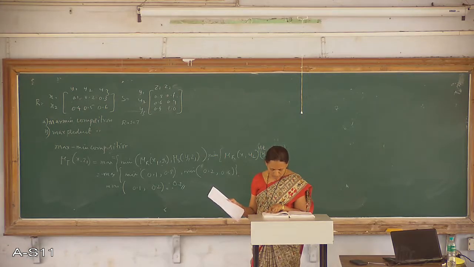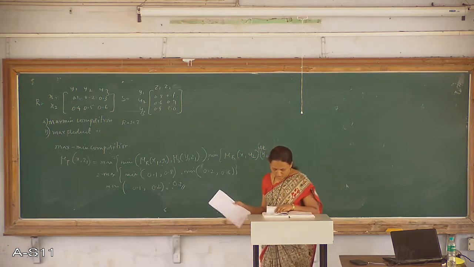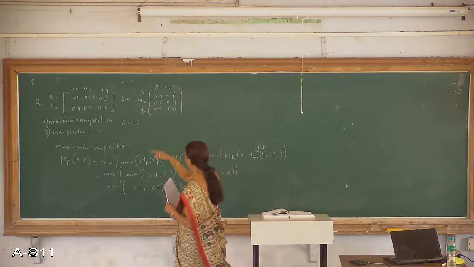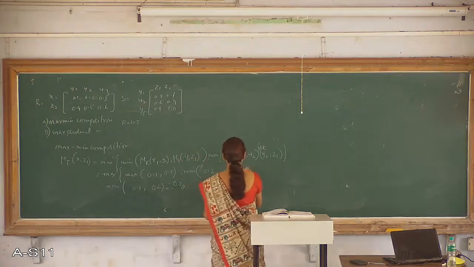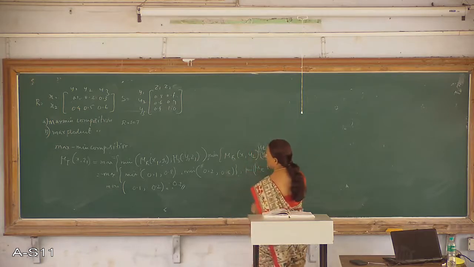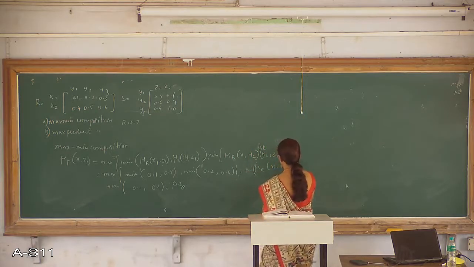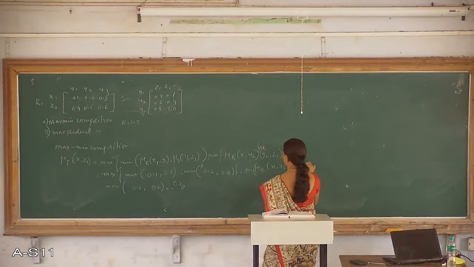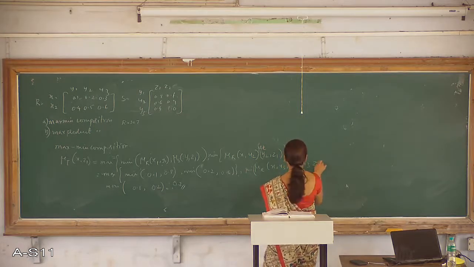Minimum of mu R x1 y2 z1, so both I need to consider. Since we have 3 there, I can go ahead with minimum of mu R of x1 y3, then mu R of y3 z1.